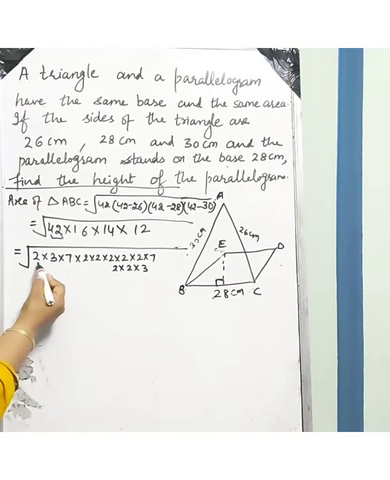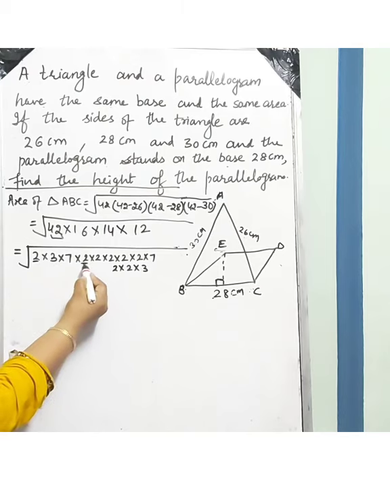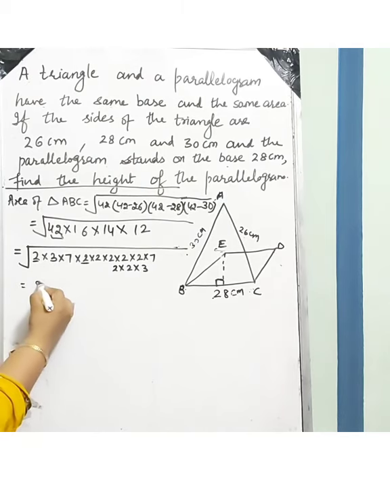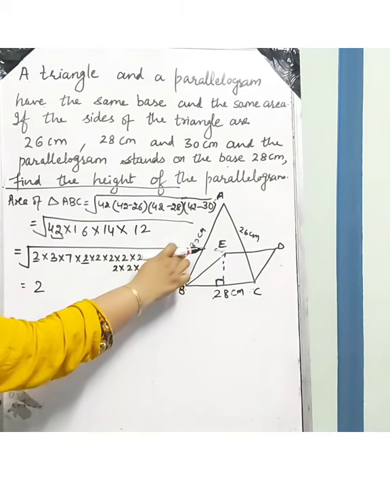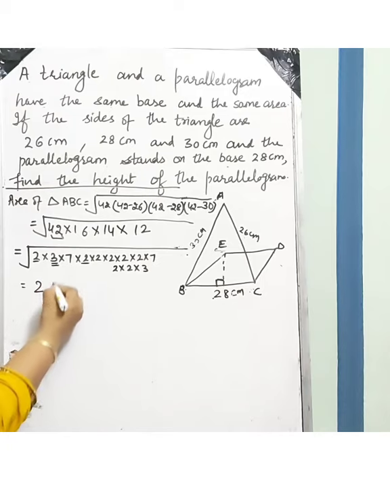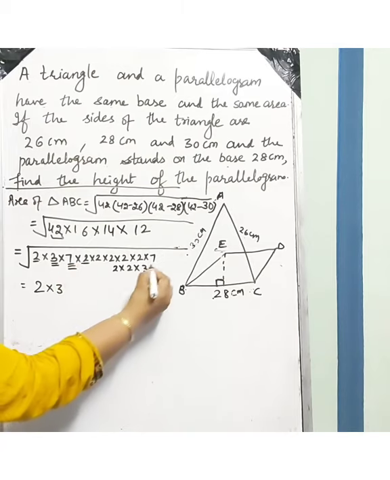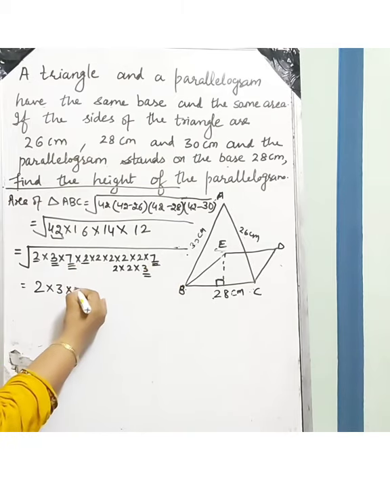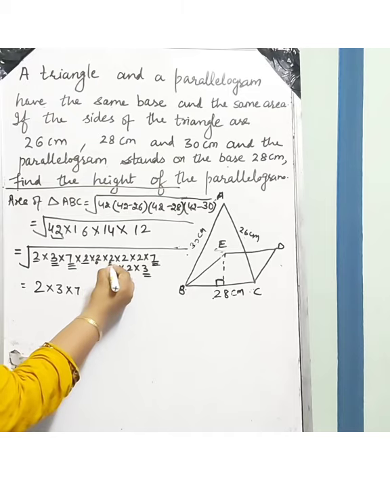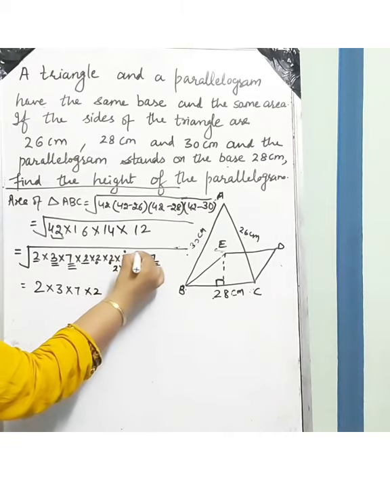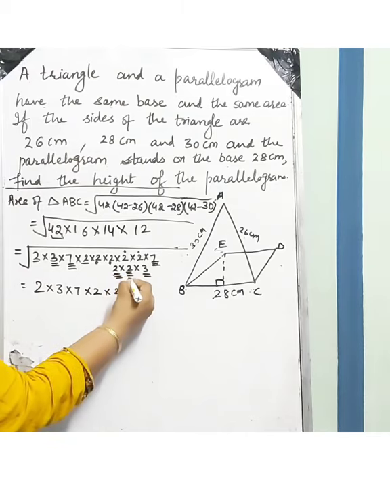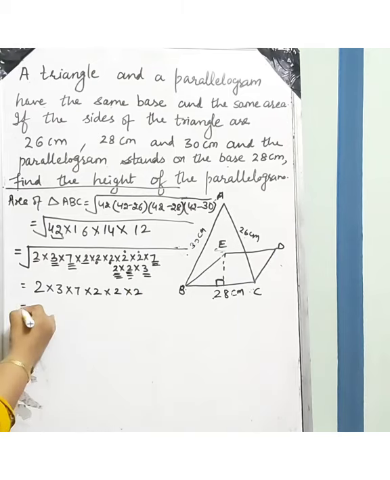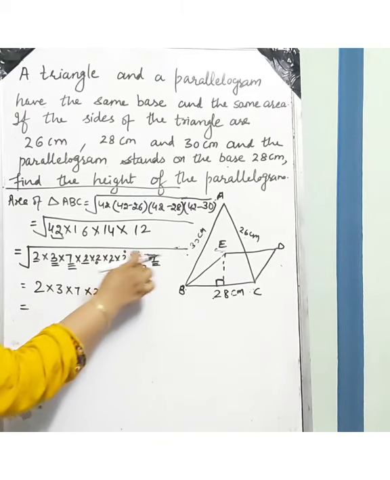Now we have to make pairs of the same numbers and bring out one number from each pair to find the square root of these numbers. Now these numbers are the square root of the given numbers.